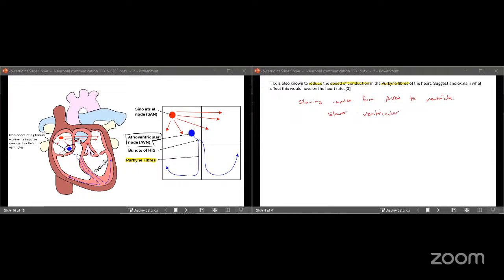So I've now got a slower ventricular contraction. Therefore, that is going to mean that my heart rate will be slower. If I've got a delay between the ventricle contracting and then the ventricle contracting later on, that is going to result in that slower heart rate. So I hope that has been helpful.